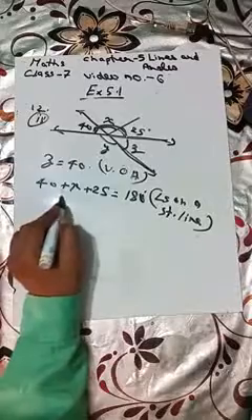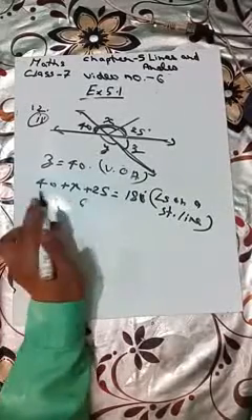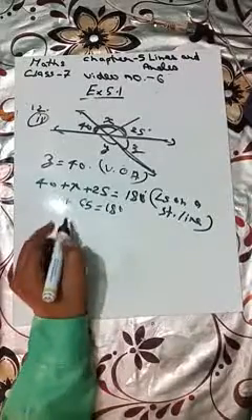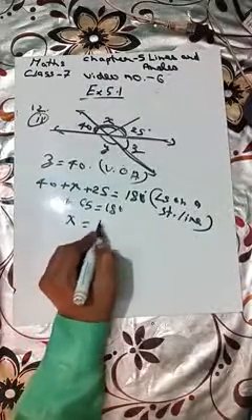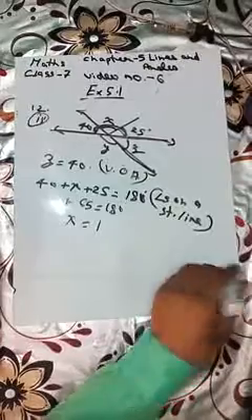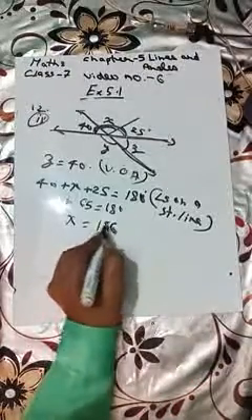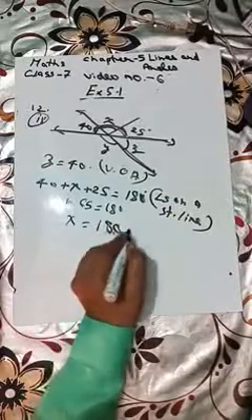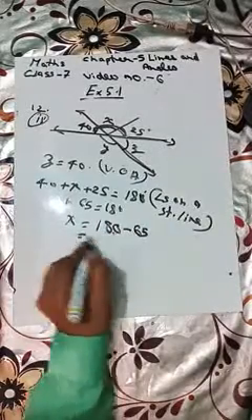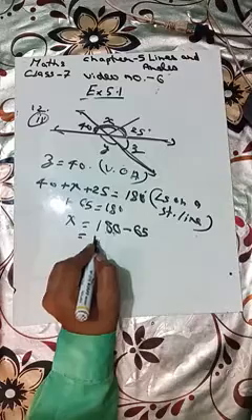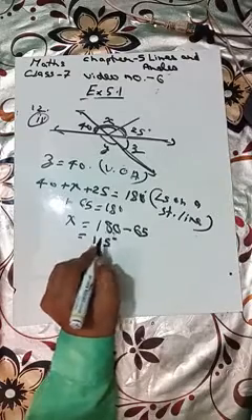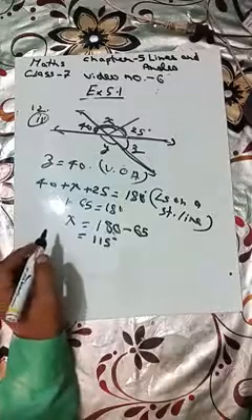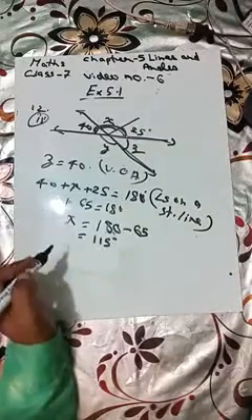So this will be x plus 65 equals 180 degree, and x equals 180 minus 65. Now this will give you 115 degree.